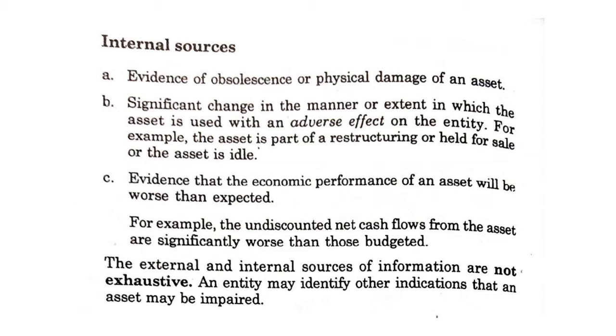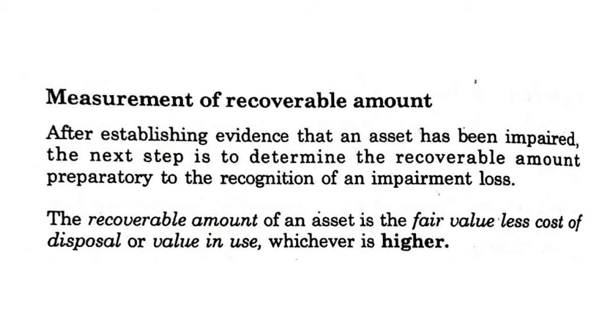Tapos nung gagamitin na siya, i-check kung impaired ba yung asset. Yan, economic performance. Tapos, external and internal sources of information are not exhaustive. The entity may identify other indications. Ibig sabihin, hindi lang nakakulong dyan yung sources of possibility of impairment.